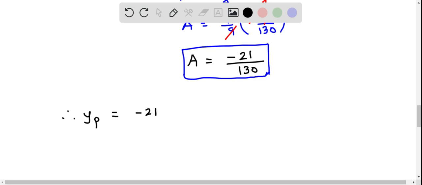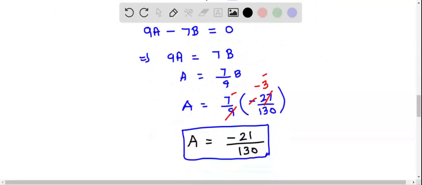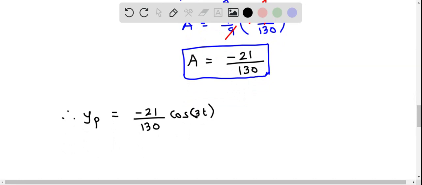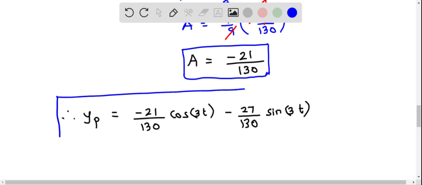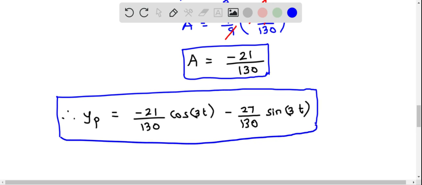So it is negative 21 over 130 cosine of 3t plus b times sine of 3t. b is negative 27, so I put negative 27 over 130 sine of 3t. So this is the particular solution for the given differential equation. This completes step 2.